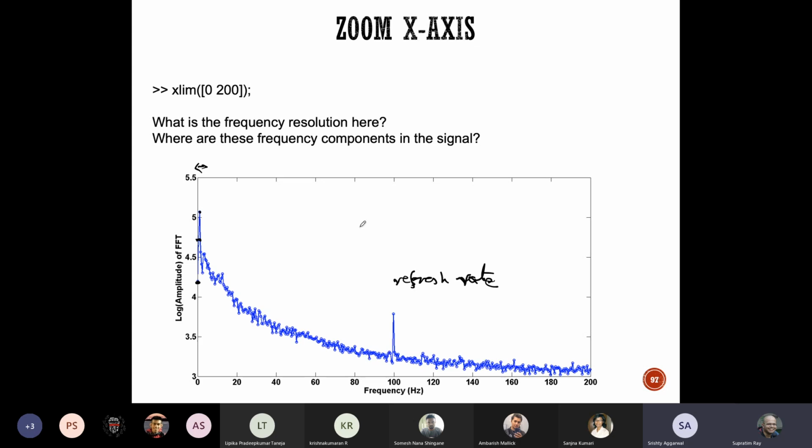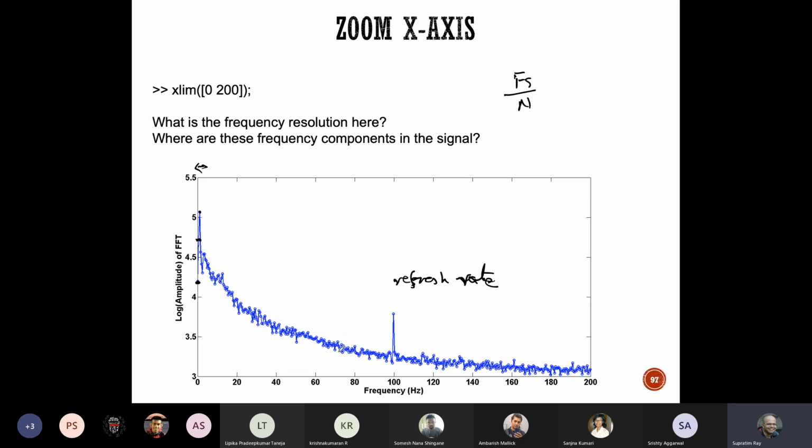It is the total frequency, the sampling frequency 2000 hertz, divided by the number of points. Okay. Very good.